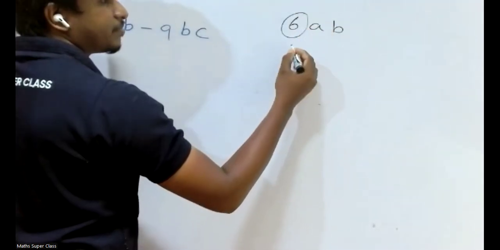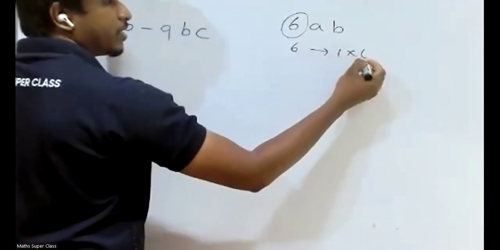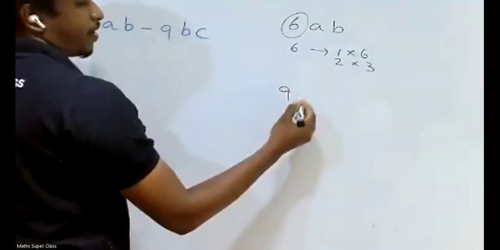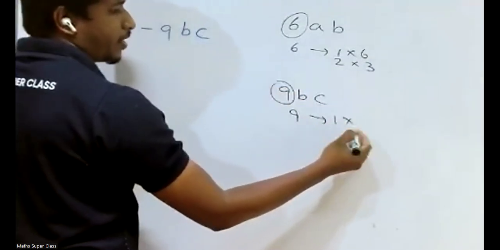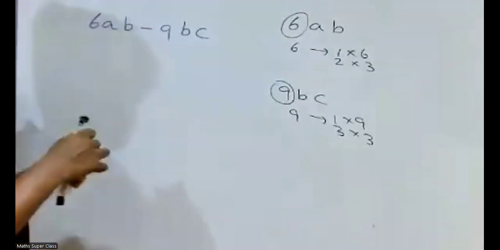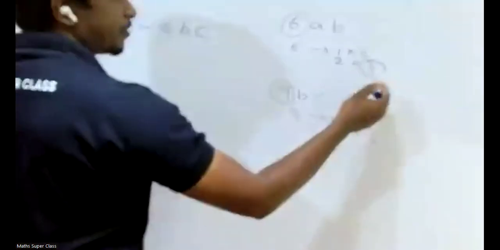Think about 6: 1 into 6, 2 into 3. Think about 9: 1 into 9, 3 into 3. What should be the large number, the big number here?